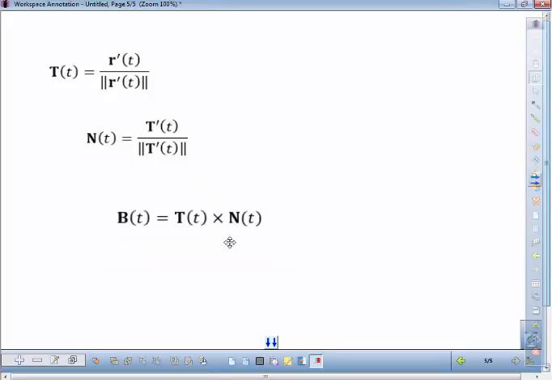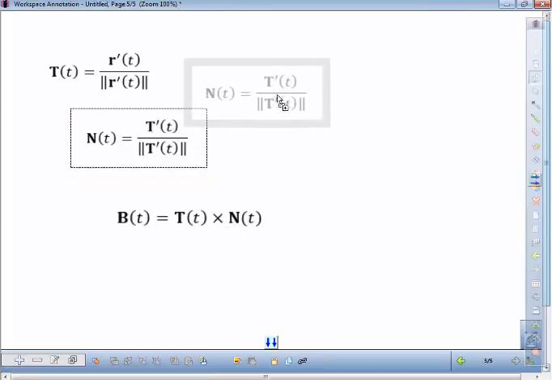And it turned out that since the unit tangent and the unit normal are already unit vectors, they have length 1. When you cross two unit vectors, think about the area spanned by the parallelogram. When you cross those two unit vectors, that cross product is also going to be a unit vector. So we don't need to divide by the magnitudes here because it's already a unit vector.